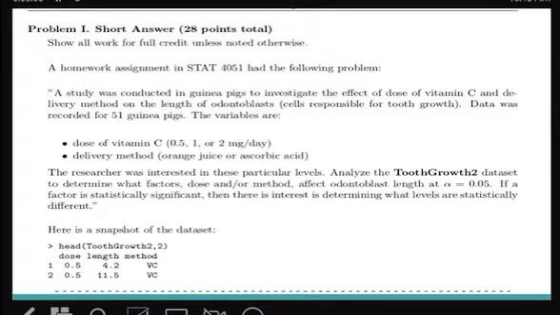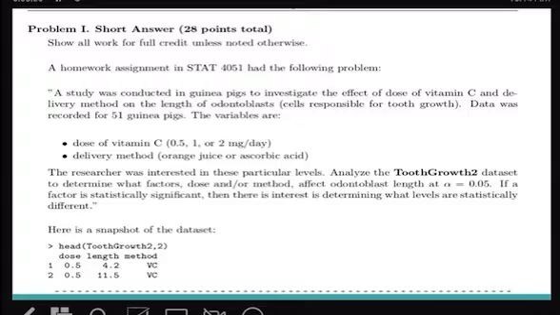When you take a look at problem number 1, a study was actually conducted in guinea pigs to investigate the effect of dose of vitamin C and delivery method on the length of odontoblasts, which we call cells responsible for tooth growth.